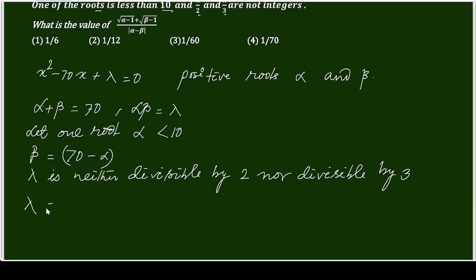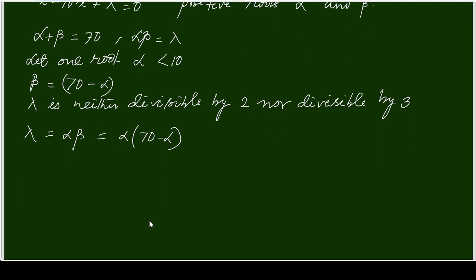So lambda equals alpha into beta, that will be alpha into 70 minus alpha. It is neither divisible by 2 nor divisible by 3. Again alpha is less than 10. So what are the possible values of lambda? Alpha can be 1, 2, 3, 4, 5, 6, 7, 8, 9.